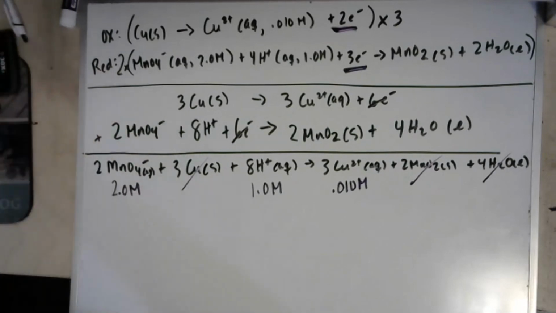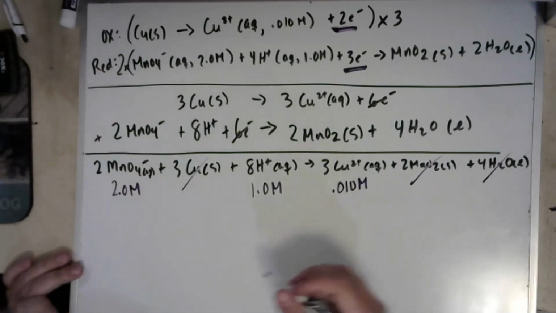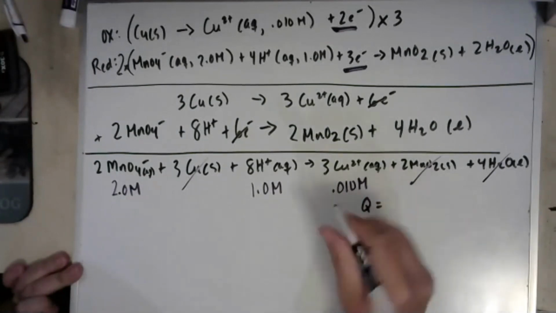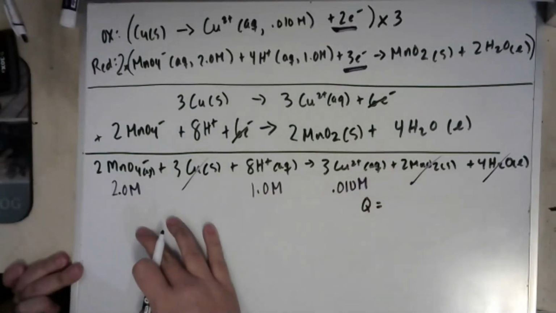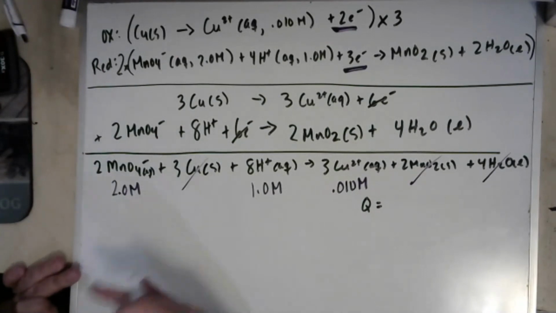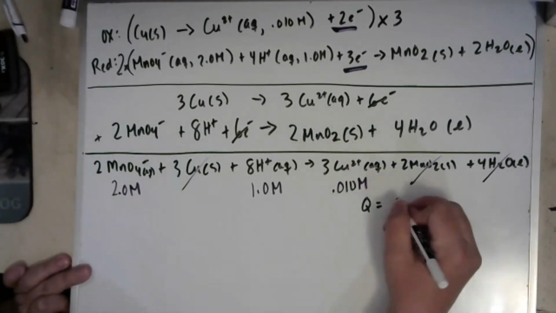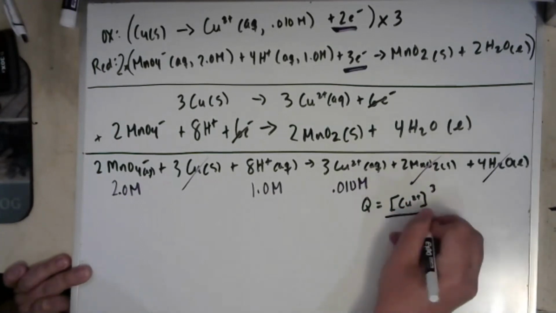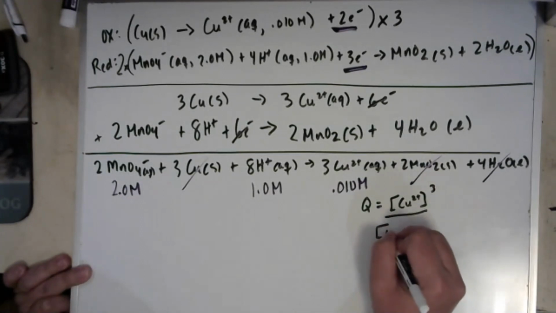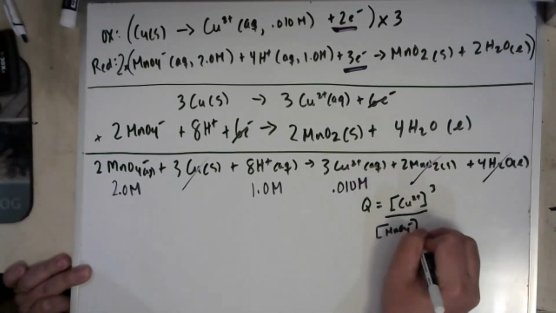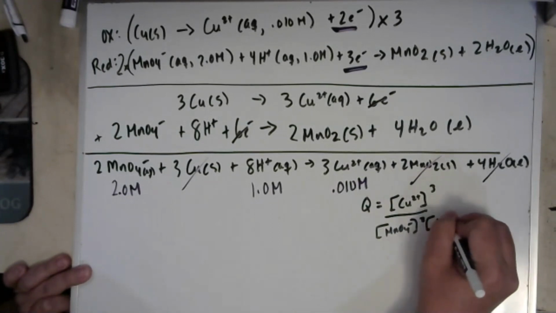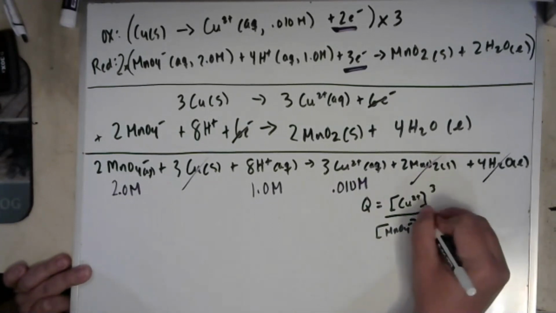All right, so finding Q, it's going to be products over the reactants raised to their coefficients, and we're not including solids and liquids in this. So it's going to be the concentration of Cu2 plus to the third divided by the concentration of MnO4 minus to the second times H plus to the eighth.